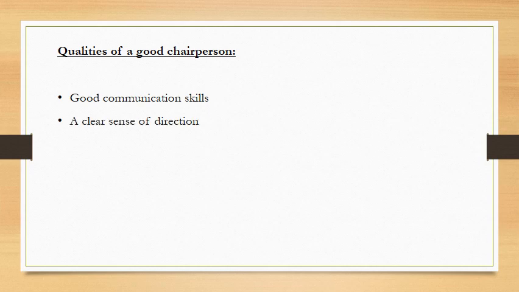A good chairperson must know what they want to come from this meeting, what they want to happen when this meeting is over. So they must have a clear sense of where this meeting needs to be steered to. A good chairperson allows others the opportunities to do their duties, doesn't want to take over and show that he or she is the boss, that overpowering type of person.